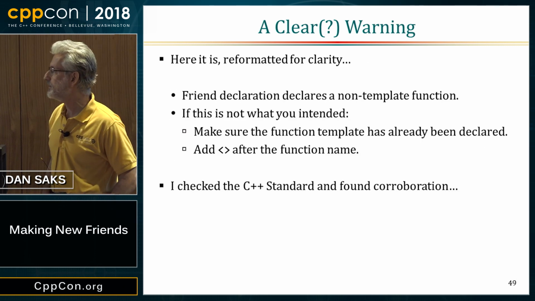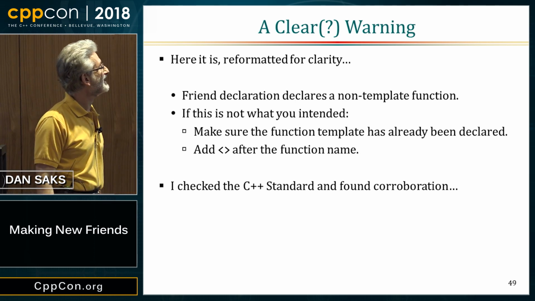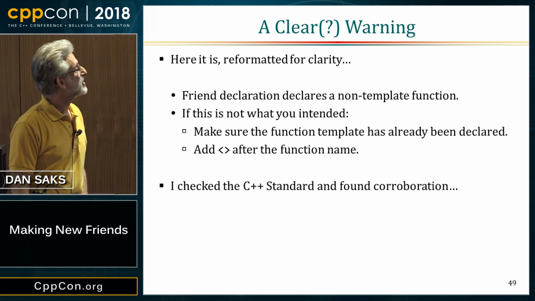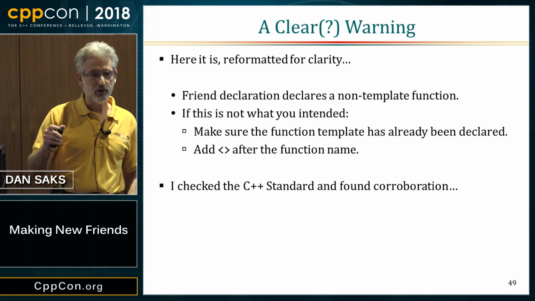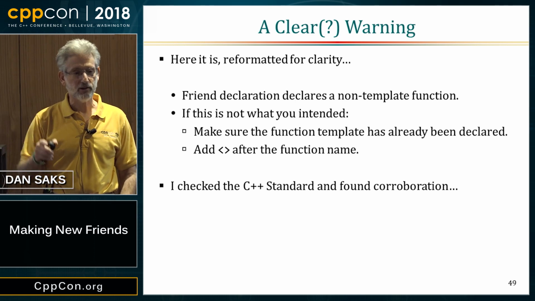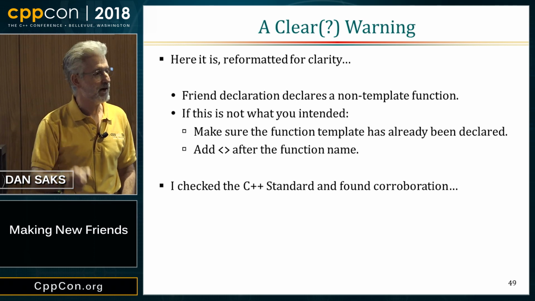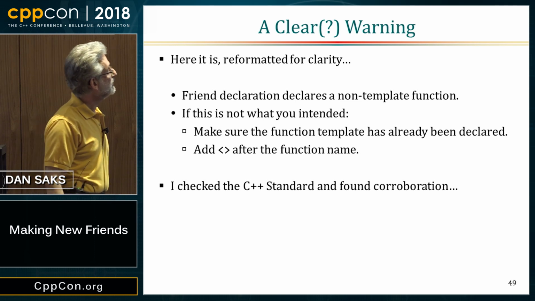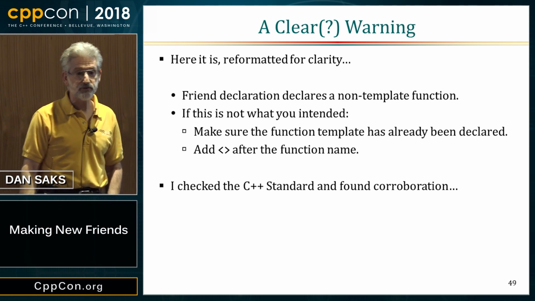So I've broken it up onto bulleted points to make that same thing a little easier to read. Let's read it carefully. It was complaining on both the friend declaration for the greater than operator and the friend declaration for the output operator inside the scope of the class. And it said the friend declaration declares a non-template function.